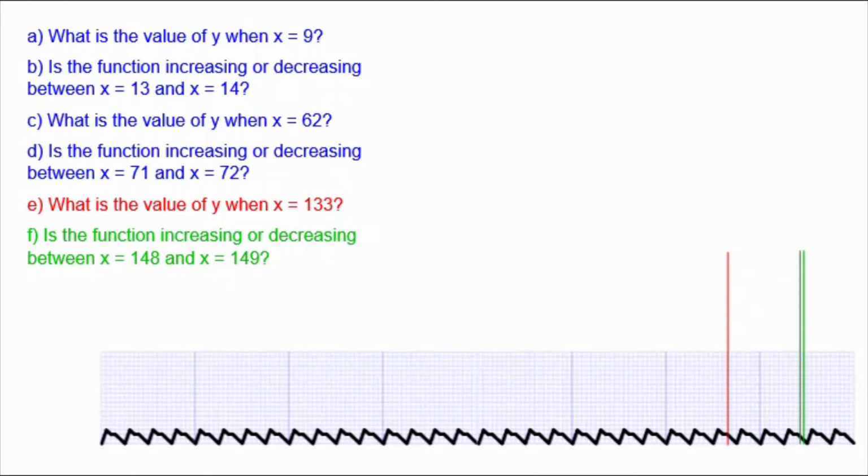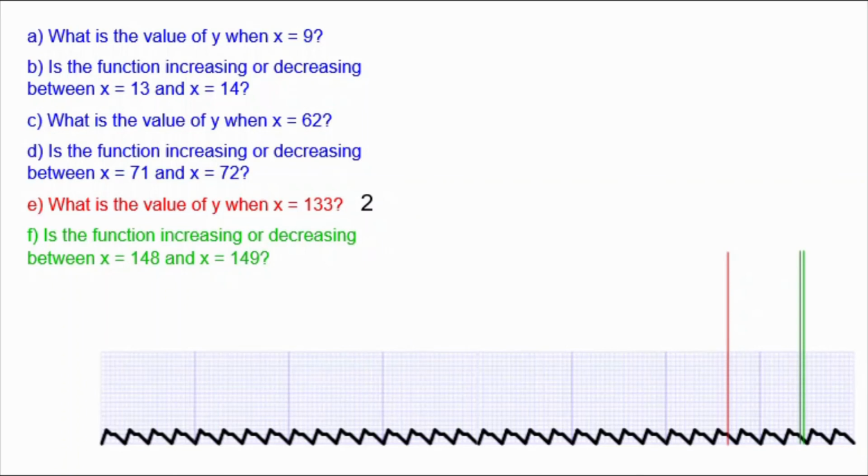Now, you'll notice that it's getting harder and harder to see what we're doing, and it's getting harder and harder to fit the graph on a single sheet of paper so that we can answer in this way. But it is still possible if I carefully draw my graph with a wide enough range for the x-axis so that I can see with my red line that the value of y when x equals 133 is 2.